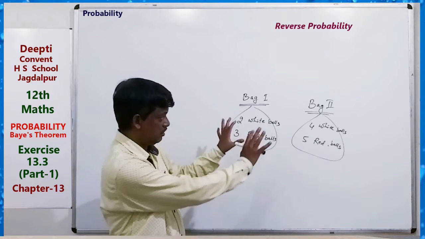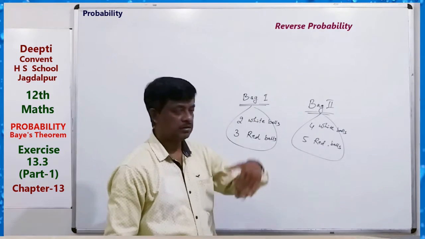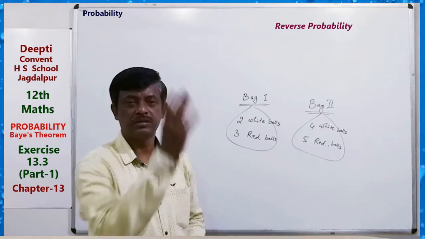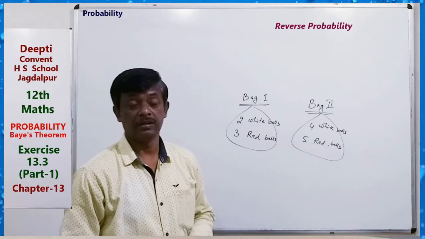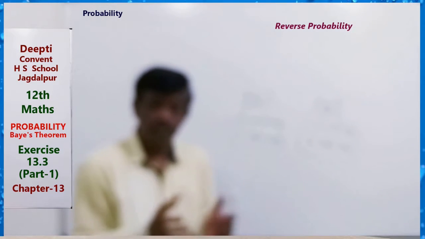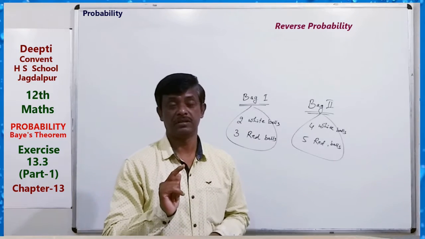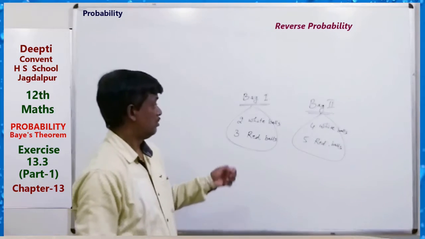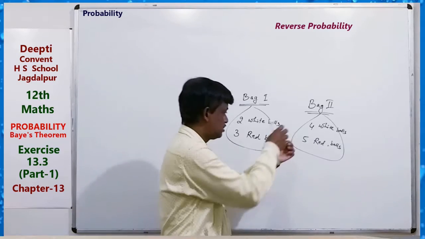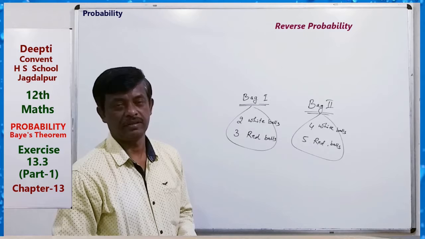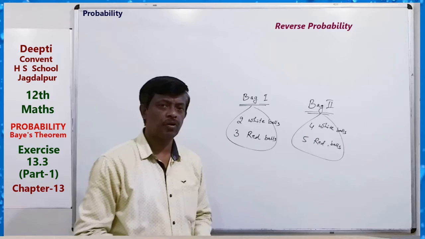Now we draw one ball from one of the bags. That means either we first take the first bag and then draw a ball, or first take the second bag and draw a ball. This is the situation, and we want the probability of drawing a red ball.